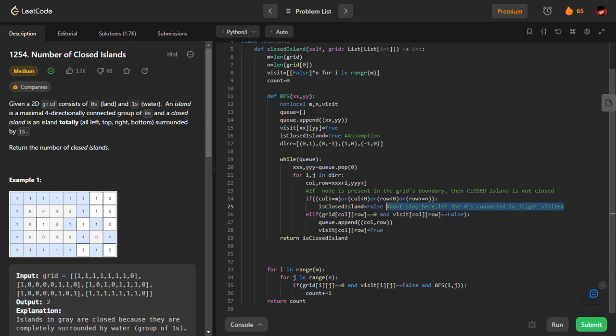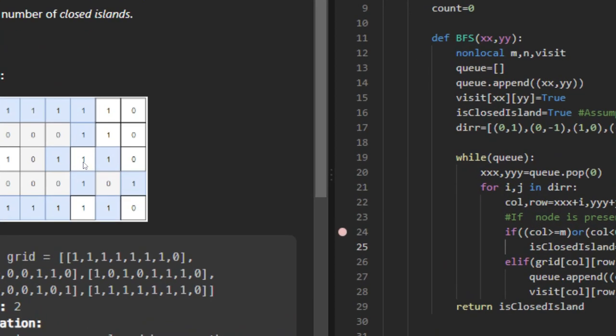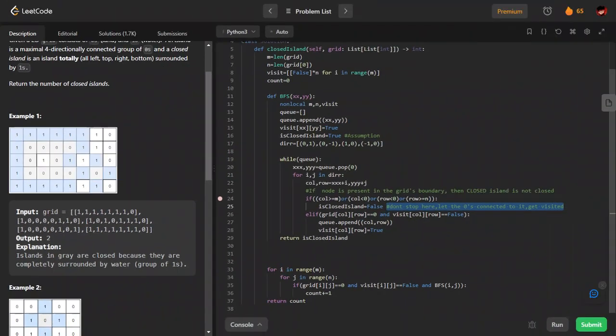The idea here is, for example, if I find this particular zero to be an edge land, along the boundary, I will not stop here. I will visit all the lands attached to it so that I don't visit them again. Anything connected to a boundary land will never be a closed island, according to this question.